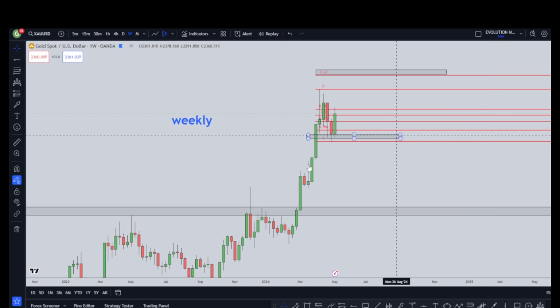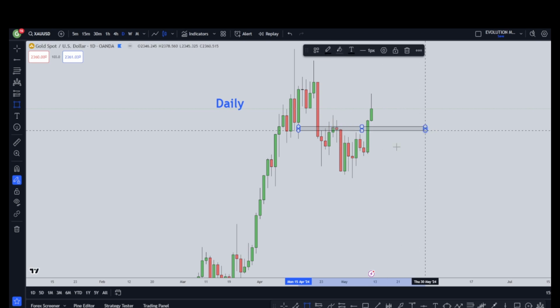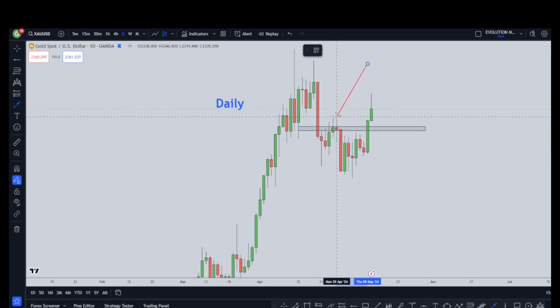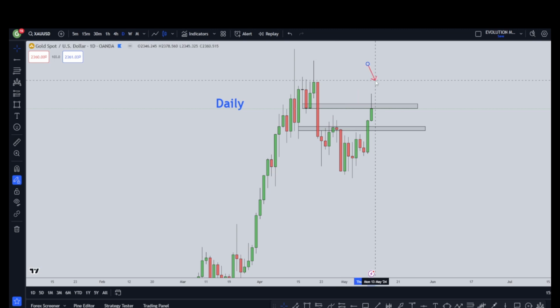Now dropping to the daily, we see that price broke and closed above this resistance area. It then came and tested this resistance area to the upside, and we see that it was rejected with the candle closing with a long rejection wick to the upside.